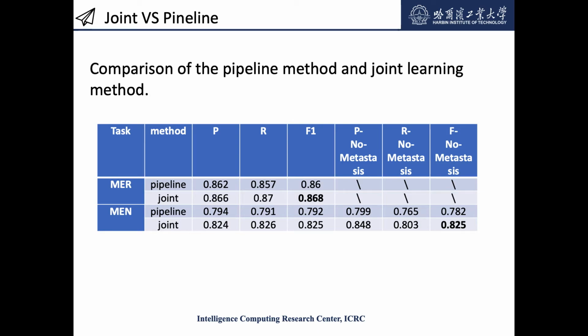Besides, when removing the ubiquitous code 8006, which has no metastasis, the performance of MEN has a slight change in precision and recall, but the F1 score is the same. The pipeline method has a decrease in F1 score, which indicates the robustness of the joint model.